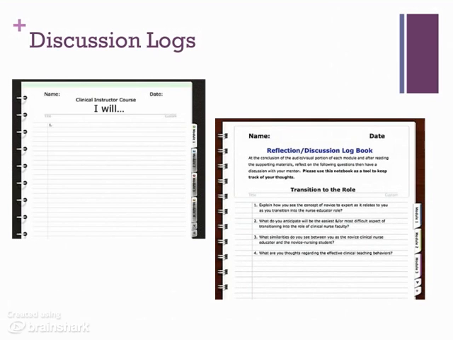The second log is your reflection discussion logbook, and what I've done is made it module by module, and I've typed in the discussion questions there. You can refer to that so that you'll know what the discussion questions will be as you're going through the material, or you can use this log at the end to write down your answers to those questions.